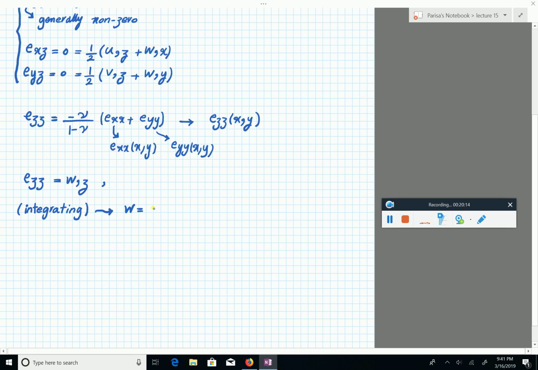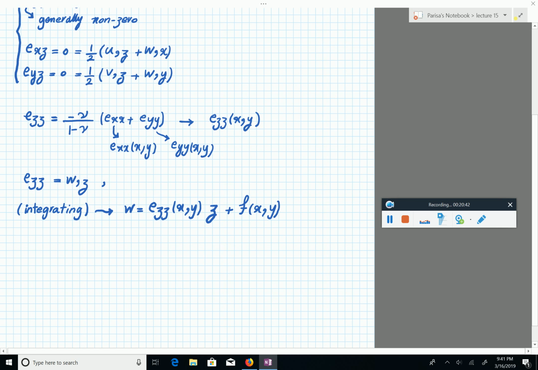So w would be Ezz times z plus some arbitrary function of x and y.